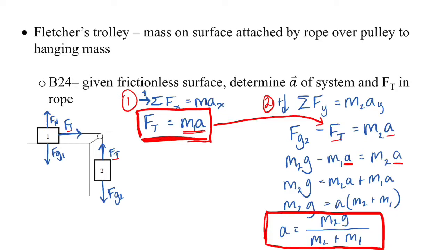And so that's how a lot of these questions are going to look, where you're going to start with mass 1, go until you can't really break anything down anymore, and then you're probably going to solve for force of tension there. You're going to go over to the second mass. You're going to substitute what you found for force of tension in the first one in for this force of tension. You're going to solve for acceleration. You're going to go back to the original equation and solve for force of tension. Okay, so that's how we're going to do that.